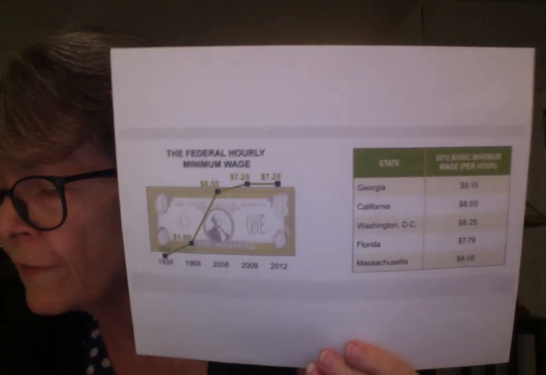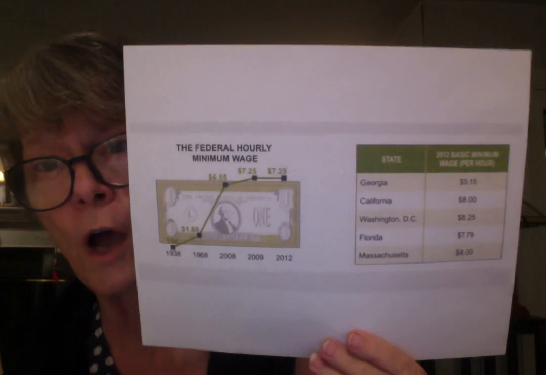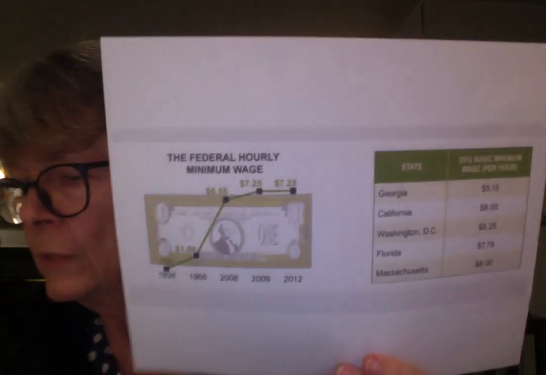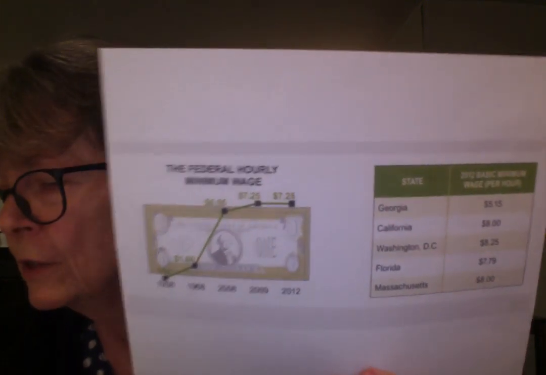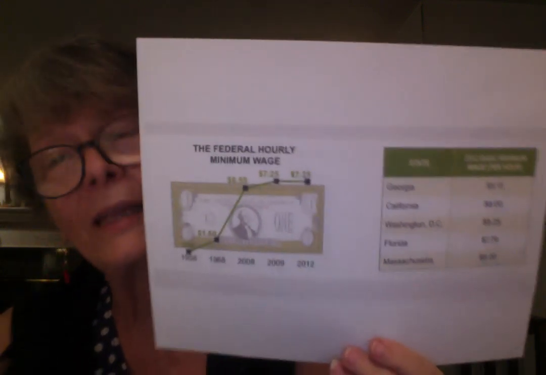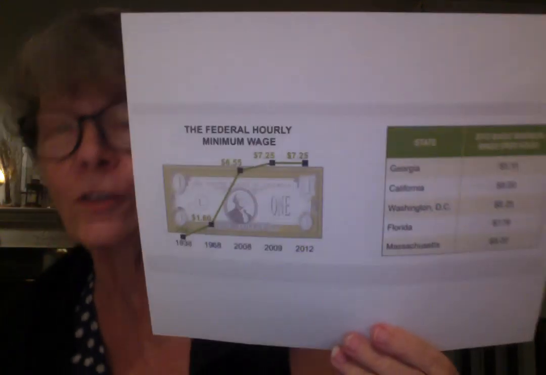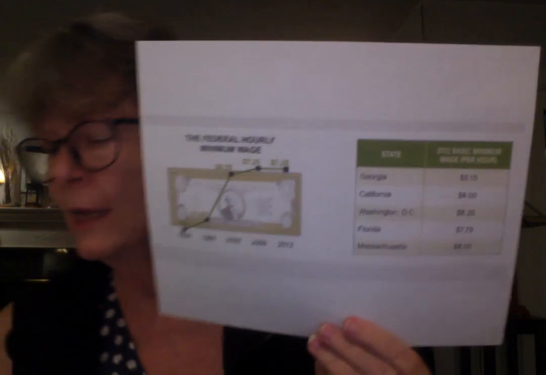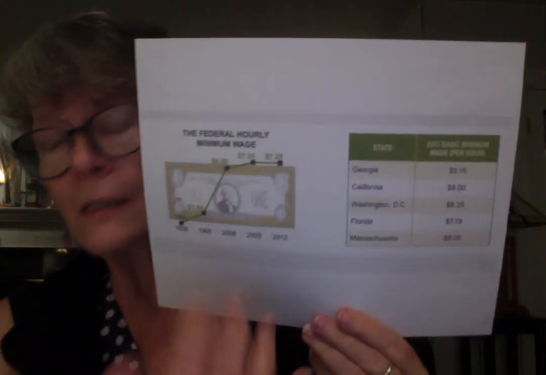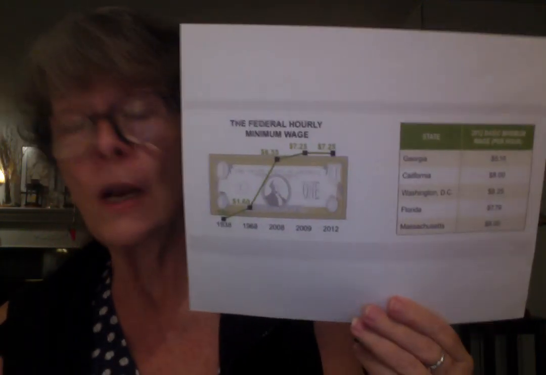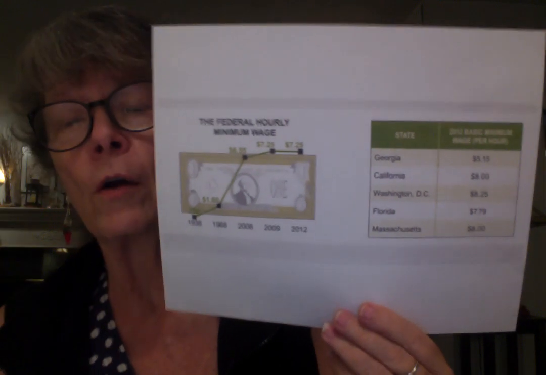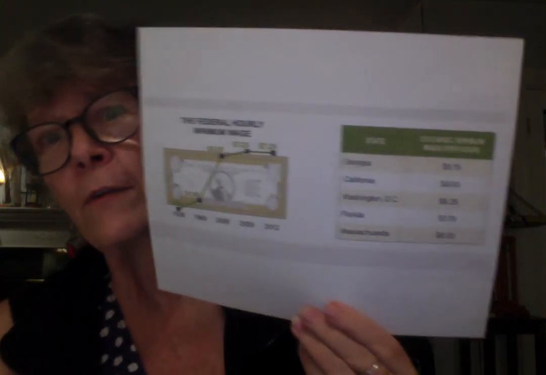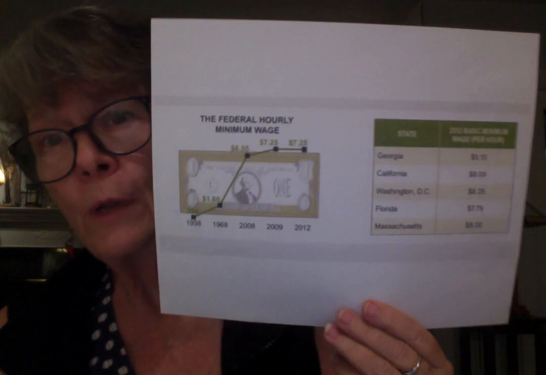D, increasing the federal minimum wage creates new jobs. There's nothing here about that, we can't get any answer about that from these two graphs. It doesn't tie these to the number of jobs that are around at any given minimum wage. So the only possible one is C, and in order to figure that out, we need to think about cost of living.